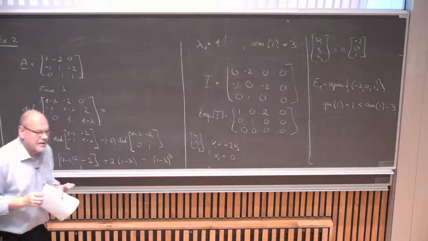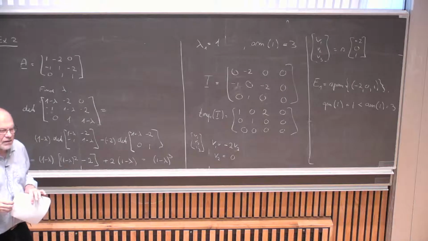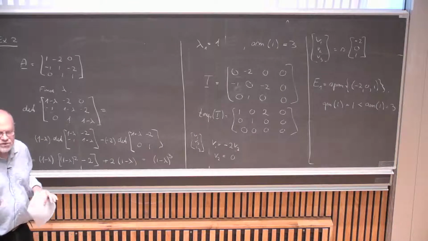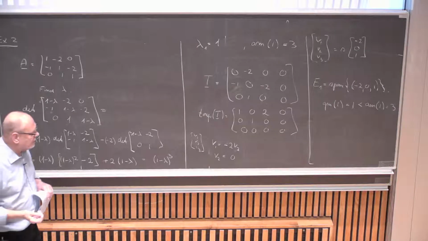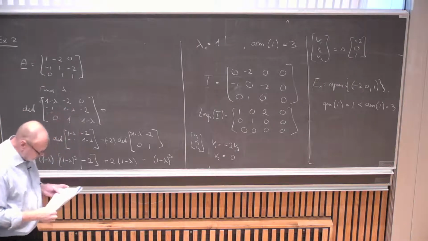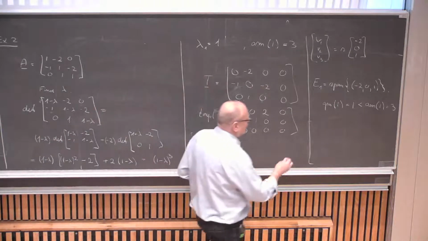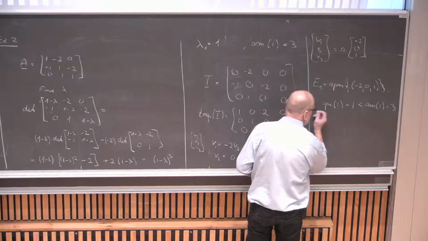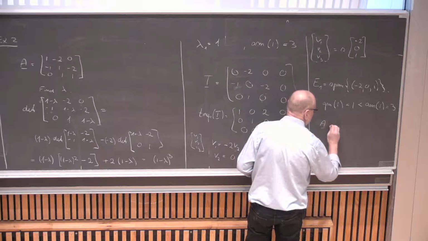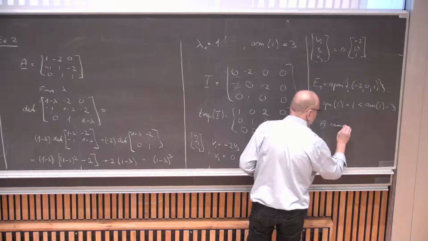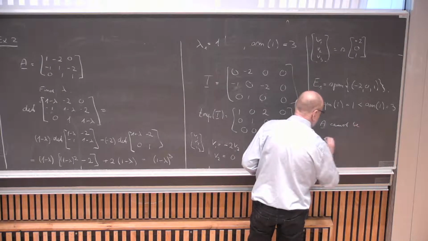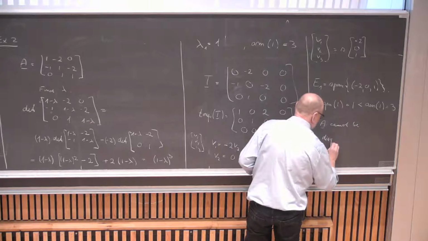And in that case, you cannot diagonalize your matrix, because you have only one eigenvector, and you need 3 in order to diagonalize your matrix. So A cannot be diagonalized.